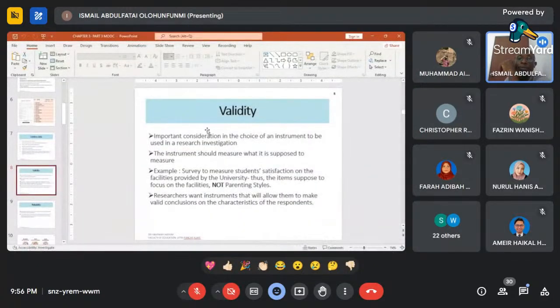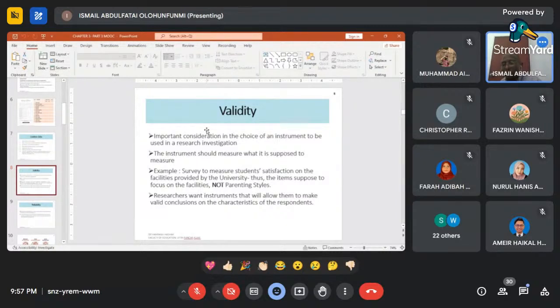That's the question. So what is validity? You need to pay attention to this because I can ask you anytime. Validity is very simple. When an instrument measures what it is supposed to measure, we will say that instrument is valid. Meaning that validity is when the question, questionnaire or instrument measures what it is supposed to measure.